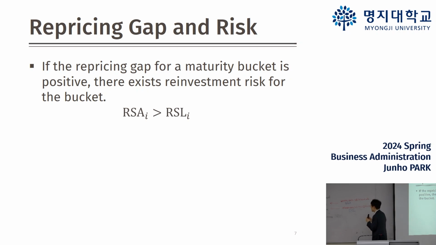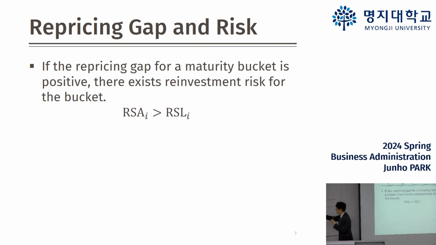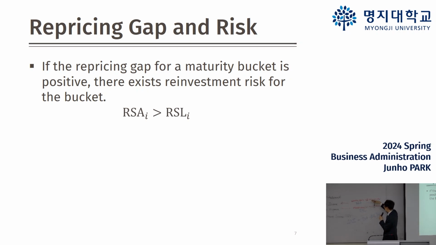And then if these are equal, the change in the net interest income, delta NII, should be RSA minus RSL times the change in the interest rate, because this is RSA times delta interest rate minus RSL times delta interest rate.